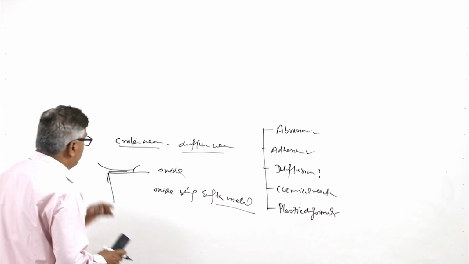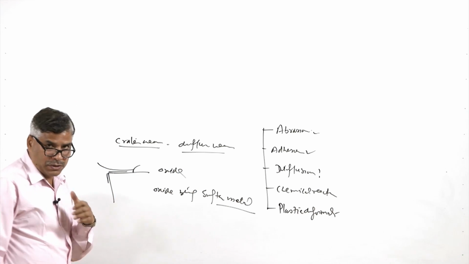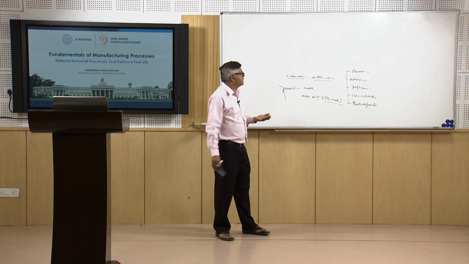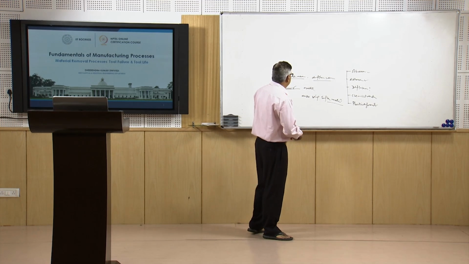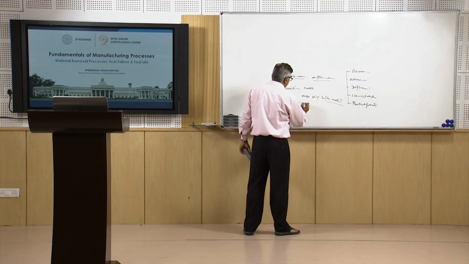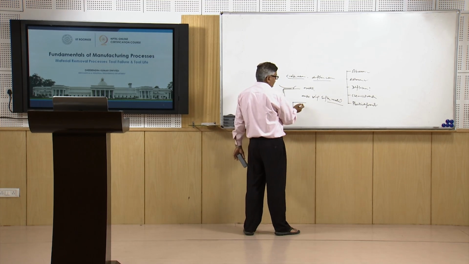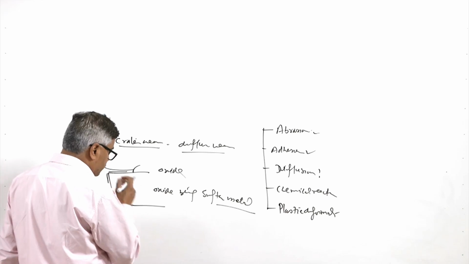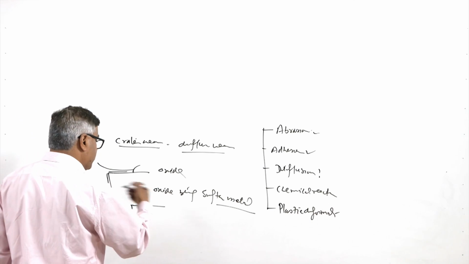So, the removal of the oxides is easier because they are of lower hardness. Those cutting tool materials which get oxidized during machining at a high temperature, these oxides get removed, and their removal exposes the fresh material of the tool to the high temperature as well as to the environmental conditions.